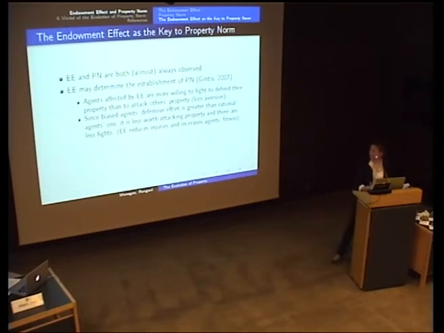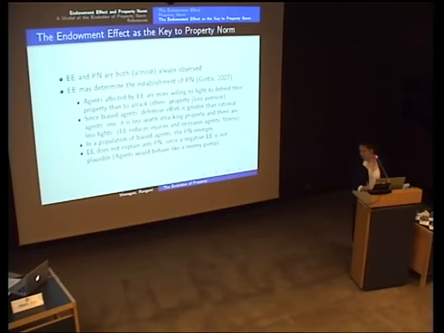So, in a population of biased agents, there will be less fighting and then fewer injuries and then a greater agent's fitness. And in a population of biased agents, probably the property norm would emerge. What's more, the endowment effect does not explain anti-property norm, since a negative endowment effect is not plausible, because agents would behave like a money pump. If I like more the thing that you own than the thing I own, then I would give you mine for yours, and this would be a never-ending circle.